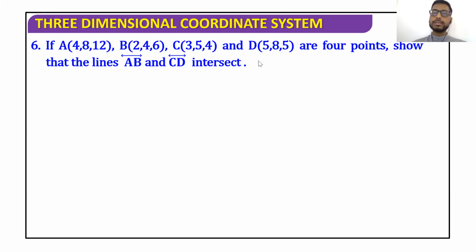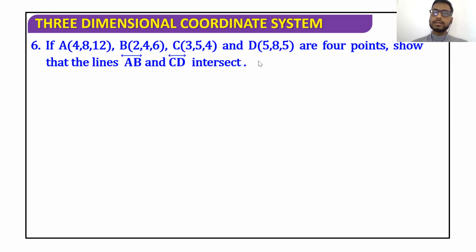To show that these two lines are intersecting, first I'll assume one point P, which divides my line segment AB internally in a particular ratio, say lambda is to 1. If P is dividing my segment AB, it means that P lies on segment AB. Then I'll go to my CD segment. I'm going to assume that there is a point Q which divides segment CD internally in the ratio, say k is to 1.